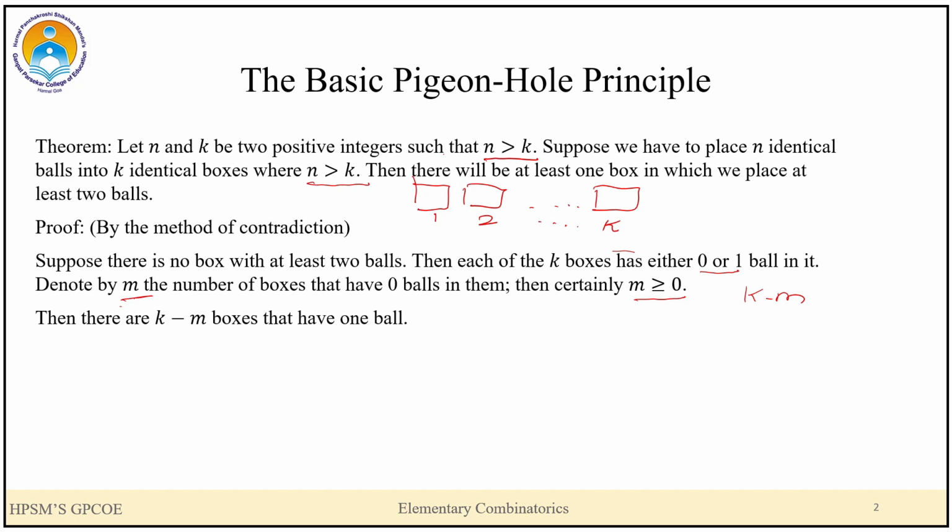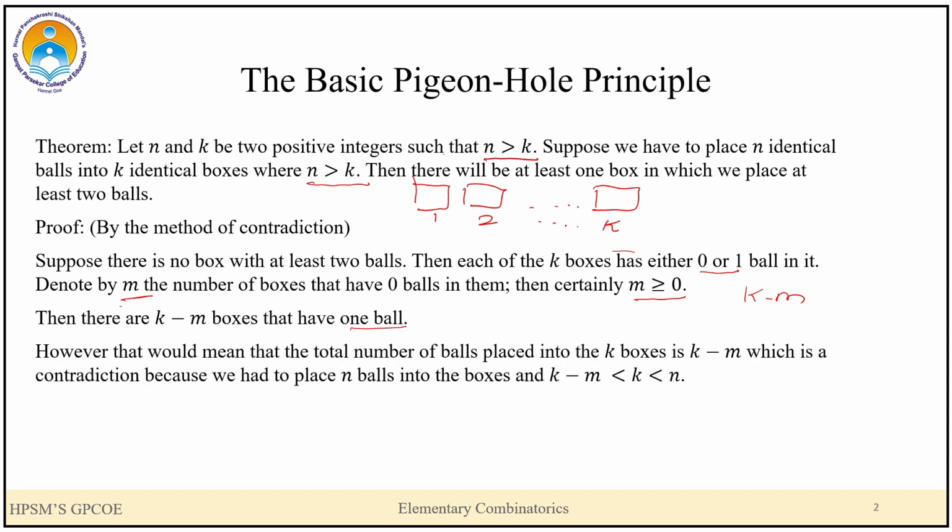Then there are k minus m boxes that have 1 ball. So this will lead to a contradiction. How? However, that would mean that the total number of balls placed into the k boxes is only k minus m, which is a contradiction because how many balls we have to place? Total n of them, n.